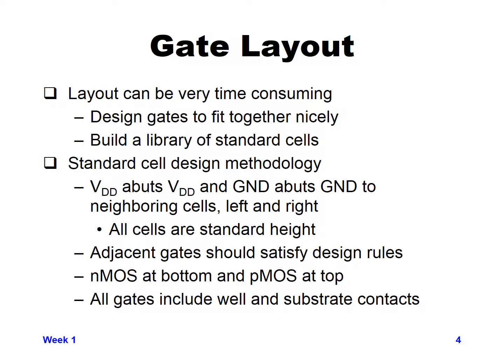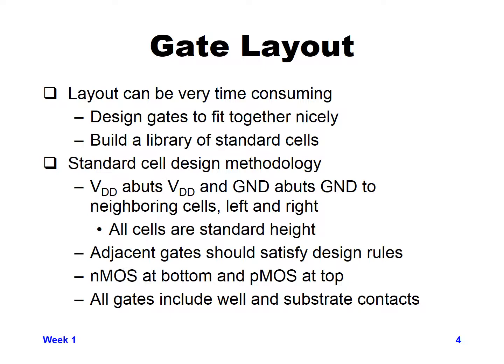And a couple things that you want to do when you're creating these standard size cells is, we saw that you have a VDD and a ground that have to connect to your PMOS and NMOS devices. So typically we'll have a VDD in the cell and a ground in the cell.